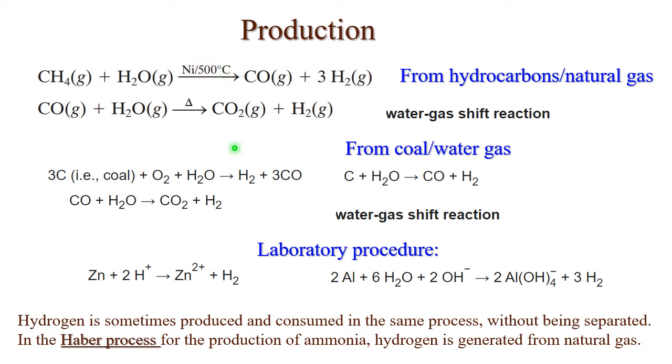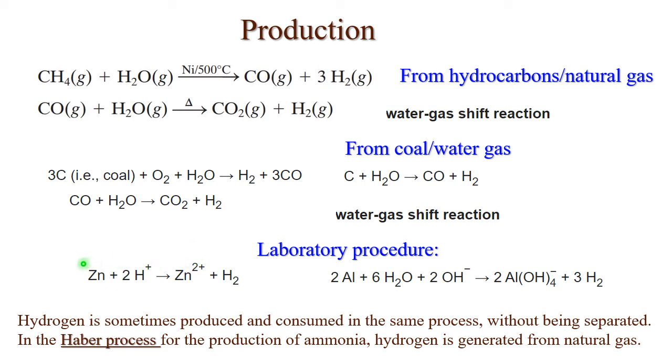Its temperature will rise simply because of heat released by coal combustion. So formal reaction is much simpler. C plus H2O gives CO plus H2. Now this again is water gas. So we are running water gas shift reaction, making CO2 and H2 exactly like it was before.